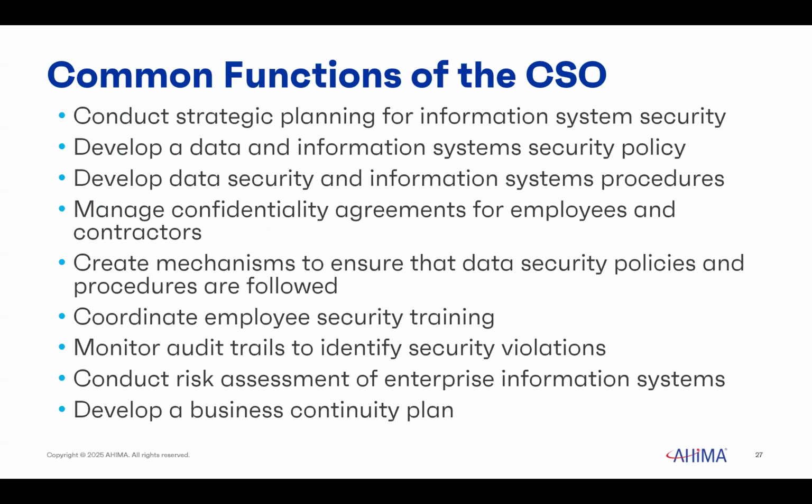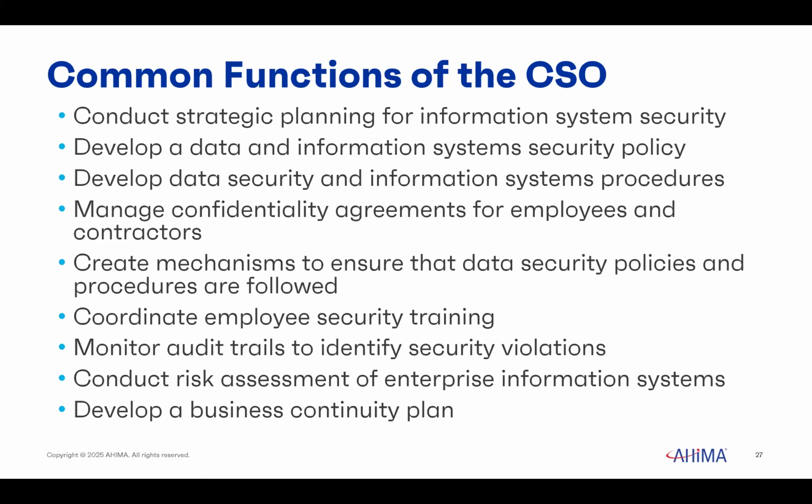And again, last slide, we'll just talk about some of the functions of a chief security officer. They do the strategic planning for the information system security. They develop both data and information system security policies, things that are guides to thinking, and the procedures.